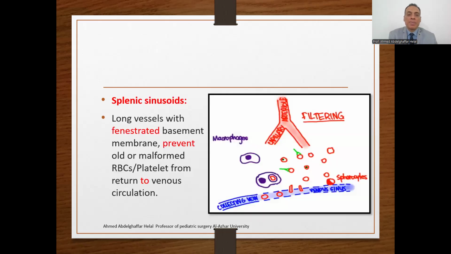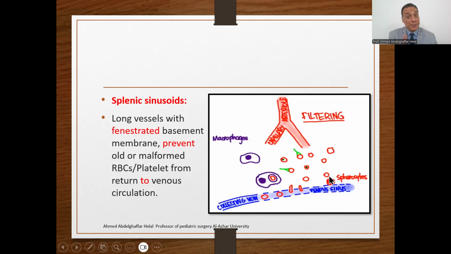We will see the sinusoids. The splenic sinusoid is very important as they are long vessels with a fenestrated basement membrane. This fenestrated basement membrane allows only the normal RBCs, which can modulate their shape, to pass through this fenestration.